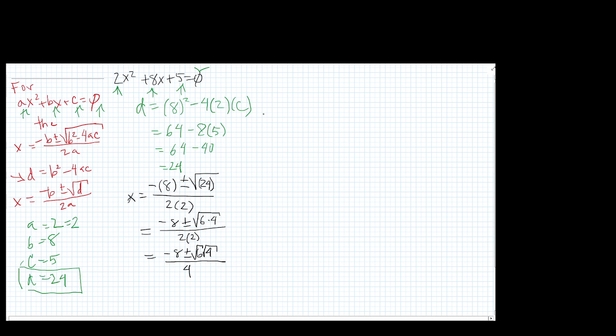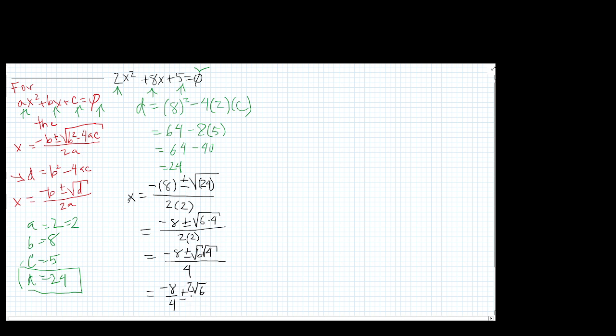And like I said in another video, I'm going to work on getting easier problems for showing these simple concepts. But at this point, we got negative 8 divided by 4 plus or minus the square root of 6. What's the square root of 4? That's an easy one. 2. Let's put it in the front.